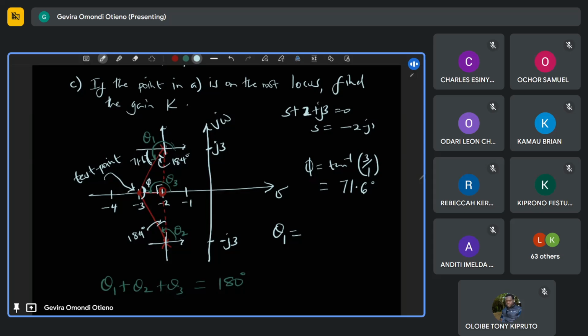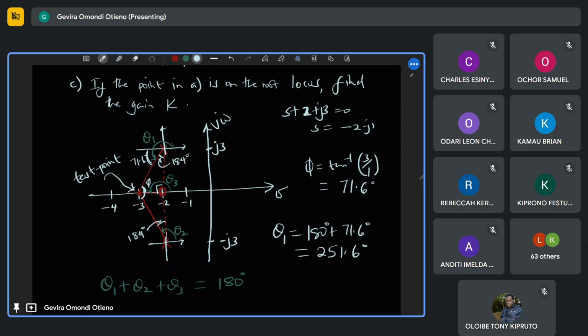That's maths. You should be able to do it yourself. So theta 1, we are looking for 180 plus 71.6 degrees. And I think that should give you, let me see, 251.6 degrees.